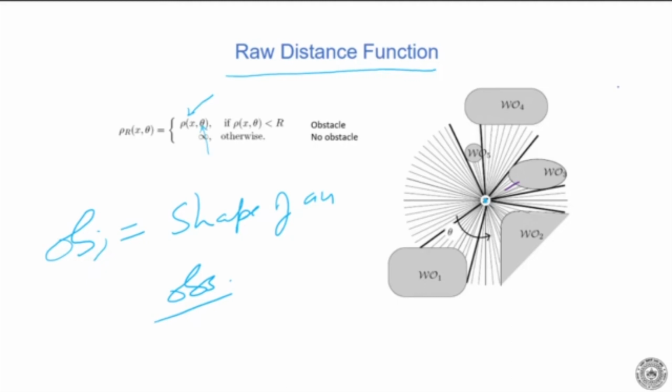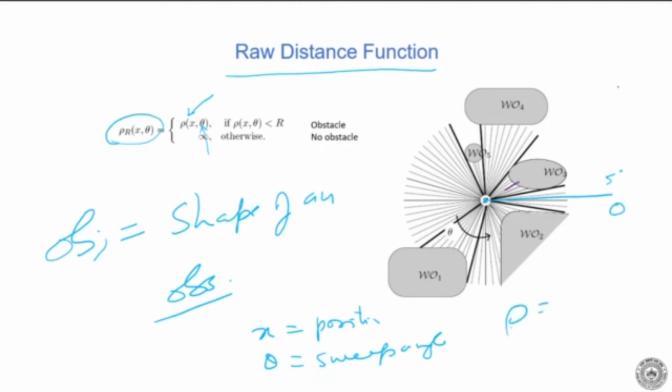Okay, so x is my position, and theta is my sweep angle of the range sensor. Say for example, if this is my 0 degrees, the next is going to be 5 degrees, 6 degrees. So now at any point here, we are going to find out this distance function rho.